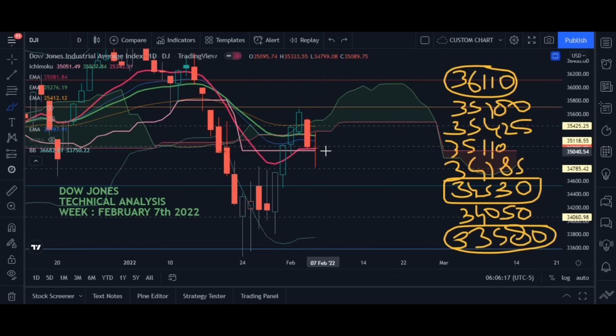Then comes the moving averages. See, this candle is actually a spindle, or you can say a doji candle. Whenever a doji candle is formed, it means the market is indecisive, like what to do, whether to fall or whether to move up.